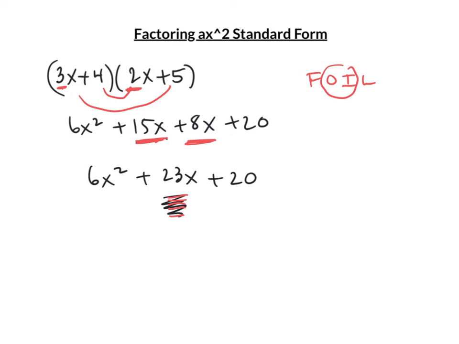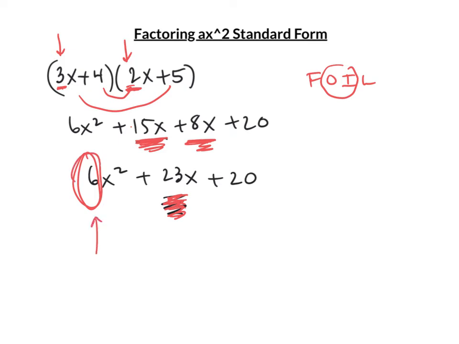My point is here, look at the 6. The numbers that created the 6, that was the 2 and the 3, those numbers help create the middle. They help create the 15 and the 8, which makes the 23. Because 3 times 5 is 15, and 2 times 4 is 8, and that 3 times that 2 makes the 6.